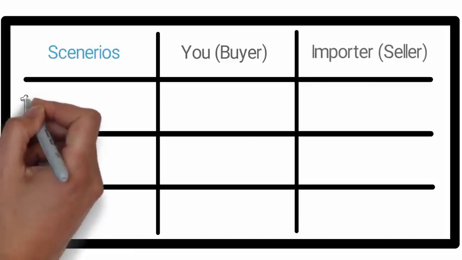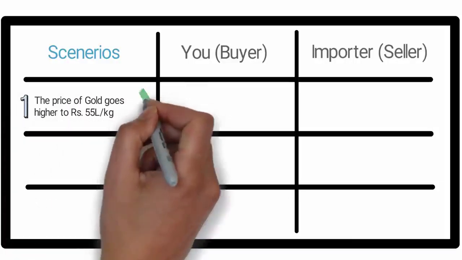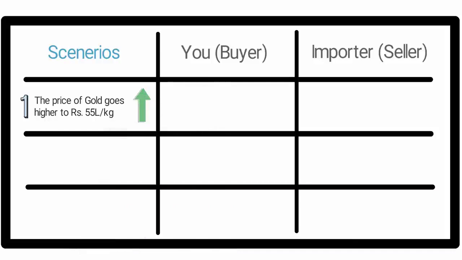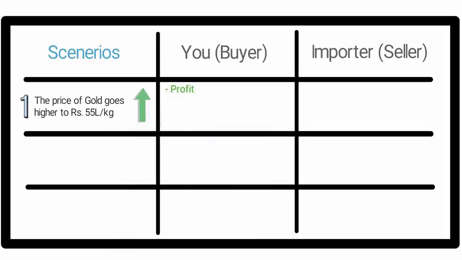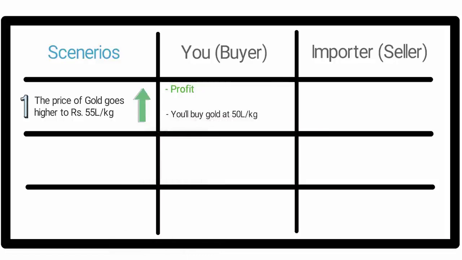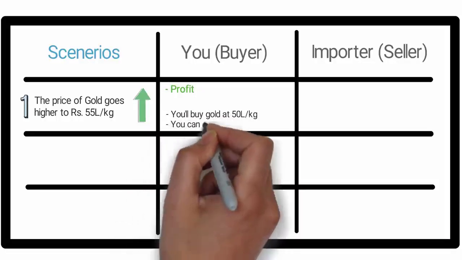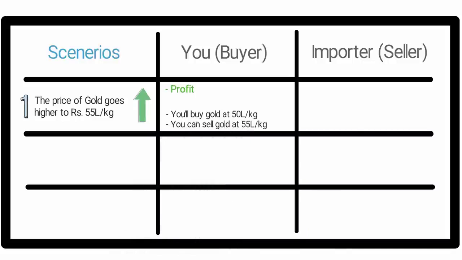Scenario number 1, the price of gold goes higher to rupees 55 lakhs per kg. You as a purchaser will make a profit this time. Since you bought the forward contract, you will buy the gold at 50 lakh per kg. You can immediately sell the gold at 55 lakhs per kg in the market.